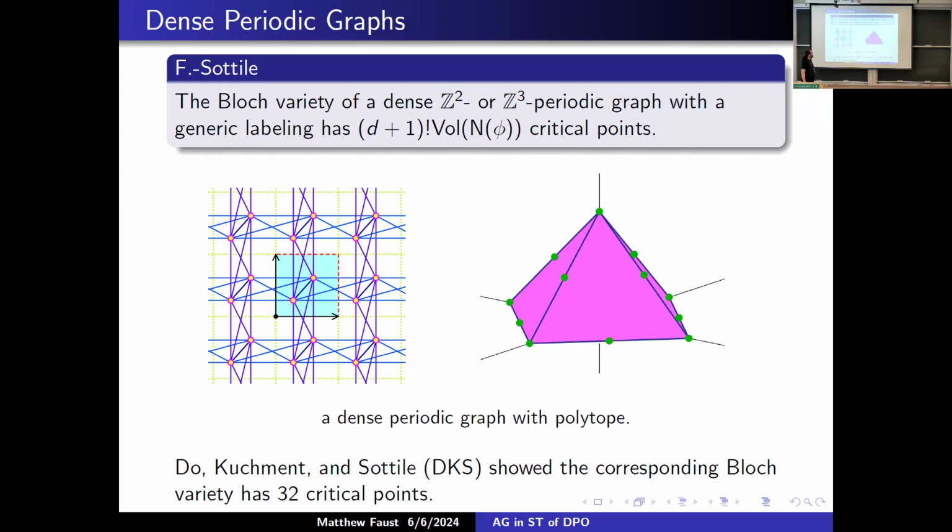This agrees with work of Do, Kuchment, and Frank. They studied specifically this graph and showed that it has 30 critical points, and were able to prove the spectral edges conjecture for this graph in that paper.